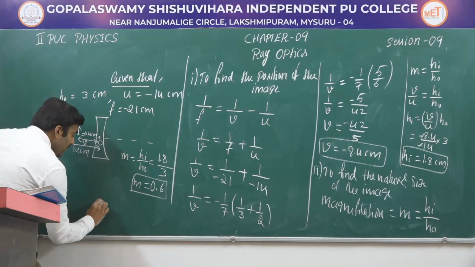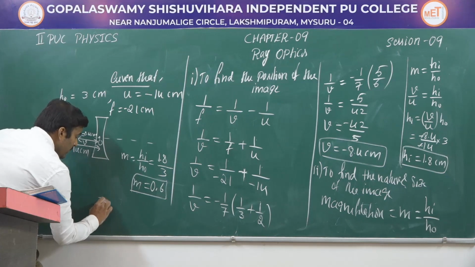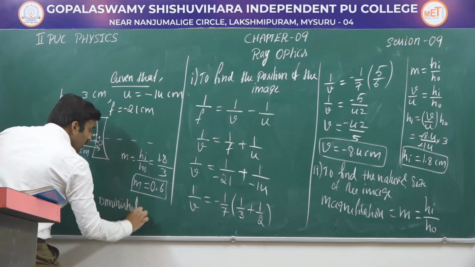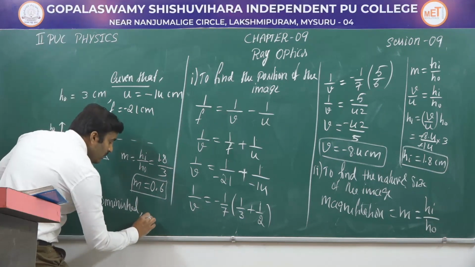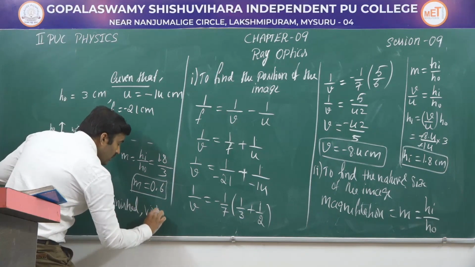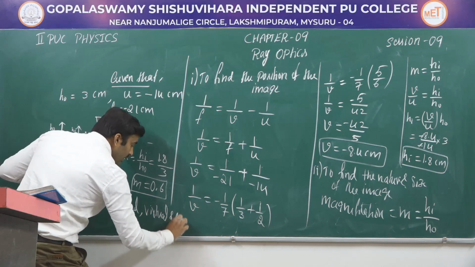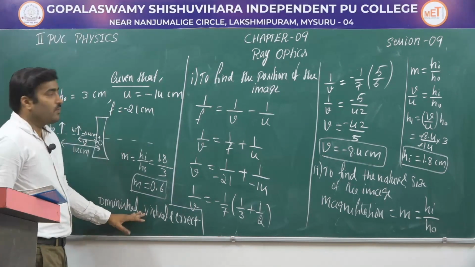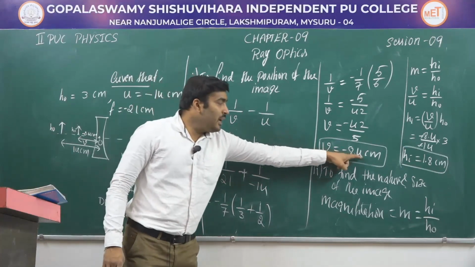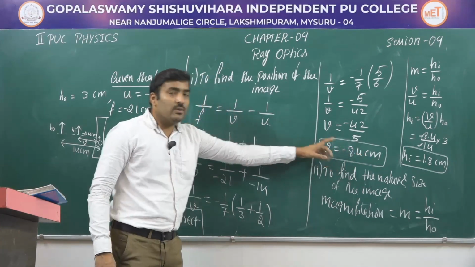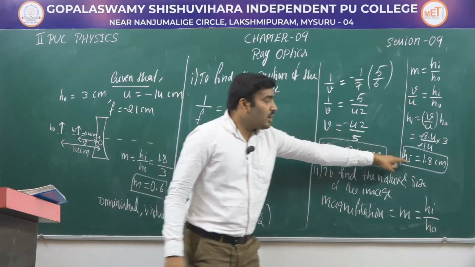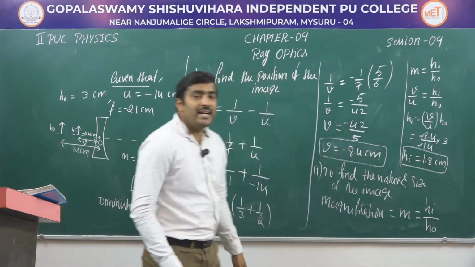Let us write that. The nature of the image is diminished and virtual and erect. So this is the nature. The position of the image is 8.4 centimeter in the negative side, that towards the object side, and the height of the image or the size of the image is 1.8 centimeter.